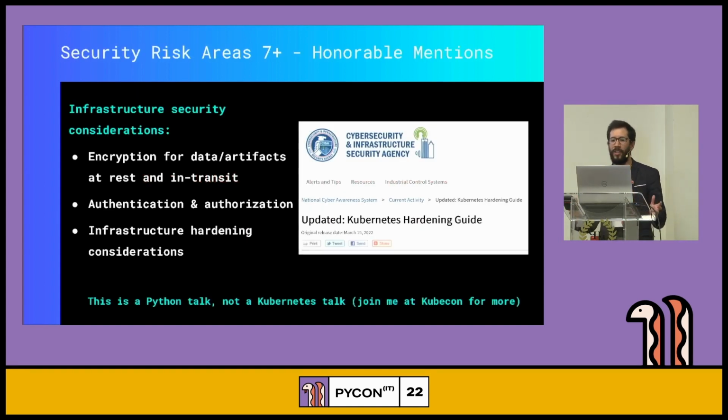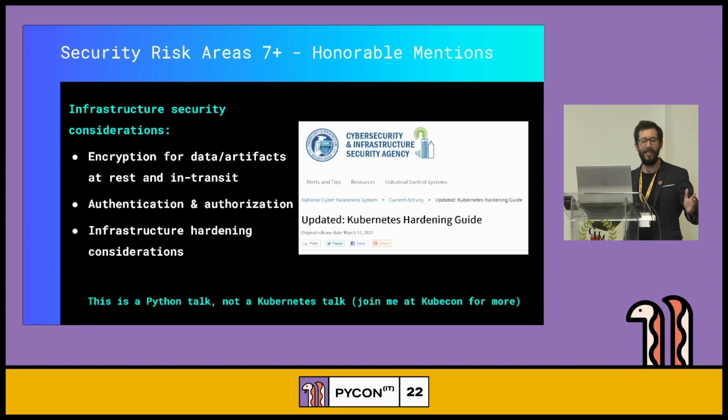There are some honorable mentions. This is not a Kubernetes conference, it's a Python conference, so I don't want to delve too much into the Kubernetes infrastructure or general infrastructure, but there are some nuanced best practices when it comes to encrypted data in transit and at rest, and introducing authentication and authorization, not just in the context of web services, but also machine learning systems, right?